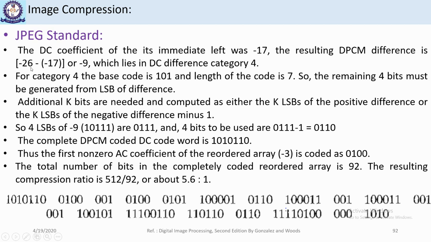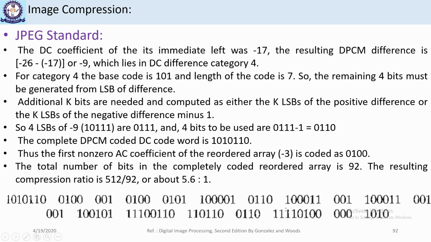The DC coefficient of the previous subimage is subtracted from the DC coefficient of the current subimage. The immediate left subimage had a DC coefficient of minus 17. So first we will find the difference: minus 26 minus minus 17 comes out to be minus 9. This is the coefficient that needs to be coded, which lies in DC difference category 4.